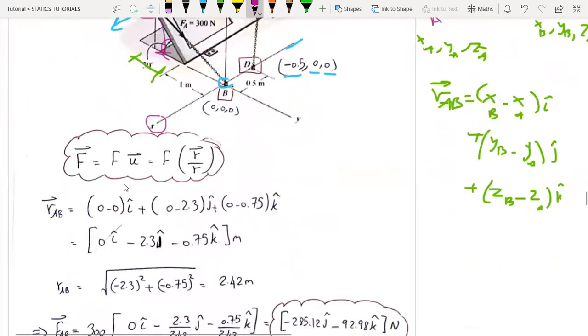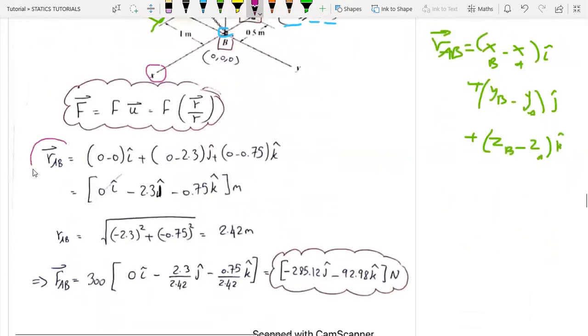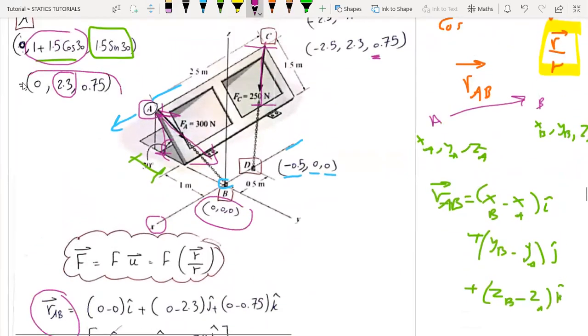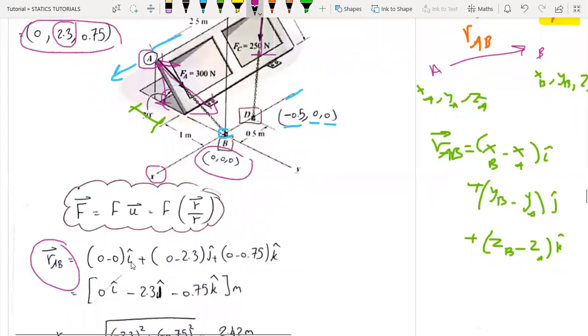Now we can find the position vectors. So here, first of all, RAB will be what? The coordinates of B minus the coordinates of point A. So we will say 0 minus 0 i hat plus 0 minus 2.3 j hat, plus 0 minus 0.75 k hat.